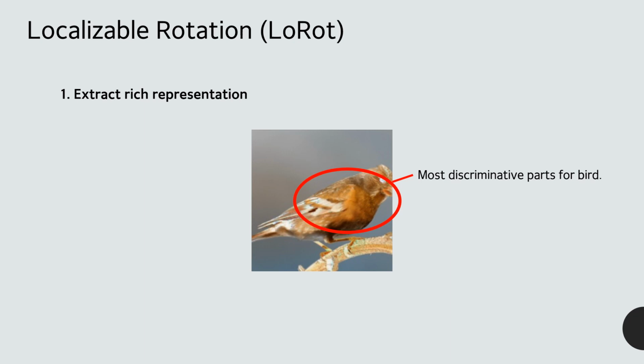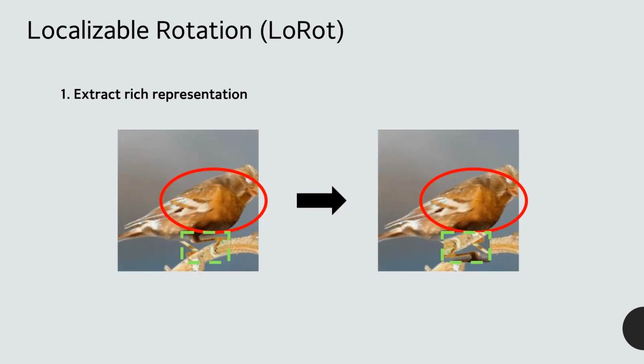First, let's assume that the model conceives the beak and the feather as the most discriminative parts of the bird. Generally, when the model discovers the most discriminative parts of the object, it often does not get the incentive to learn more about the object. However, assume that LoRot rotated the patch corresponding to the feet.